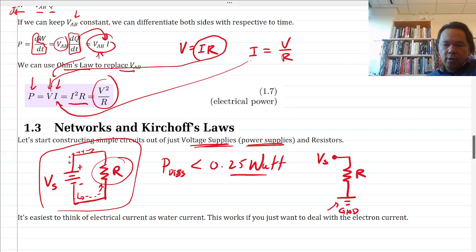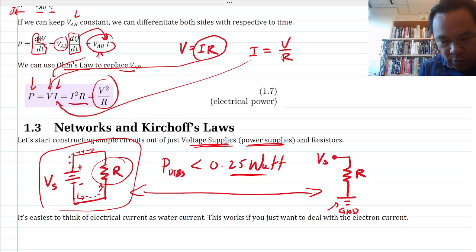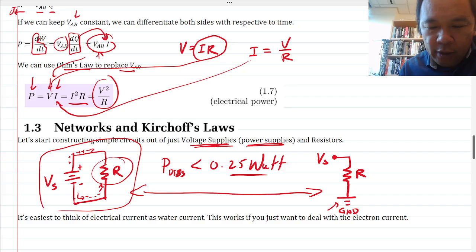These two circuits are exactly the same, where V supply is whatever the supply voltage is. Let's say it's 5 volts, and then you consider every point from here up to the resistor at 5 volts. Anything after the resistor is considered 0 volt potential.